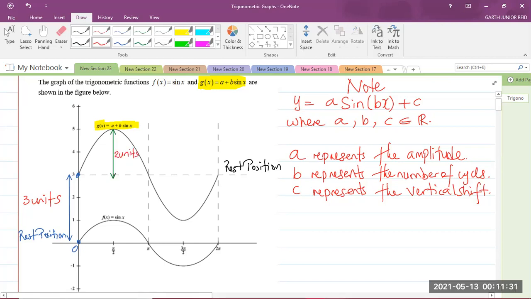In order to move from this yellow point to this point here at 5, you would have to move 2 units. That is the maximum distance, and that is our amplitude. So if the maximum distance from the rest position is 2 units, then we can say that the value of b is equal to 2.